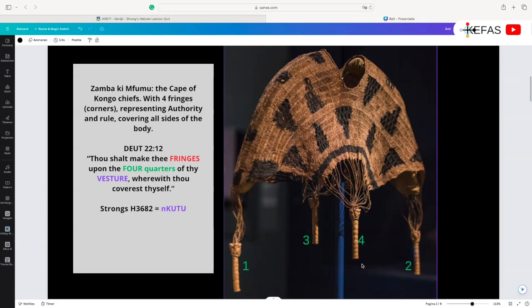That's the Congo Cross. The horizontal line symbolizes the Kalunga: corners 1 to 2 form a horizontal line from left to right.